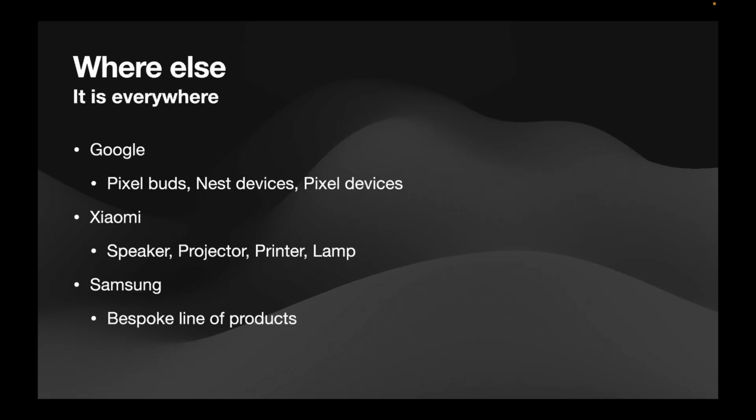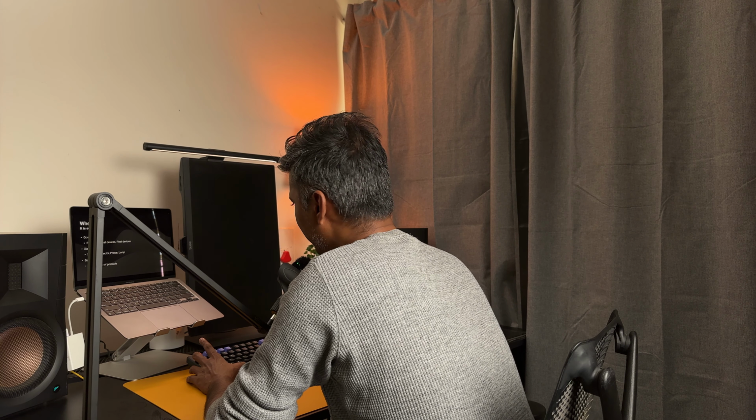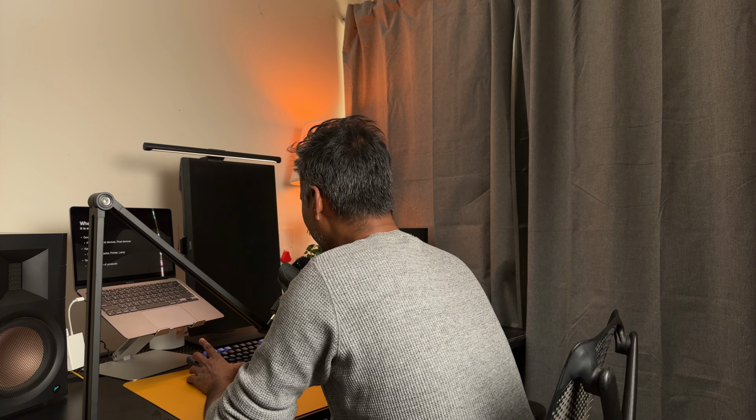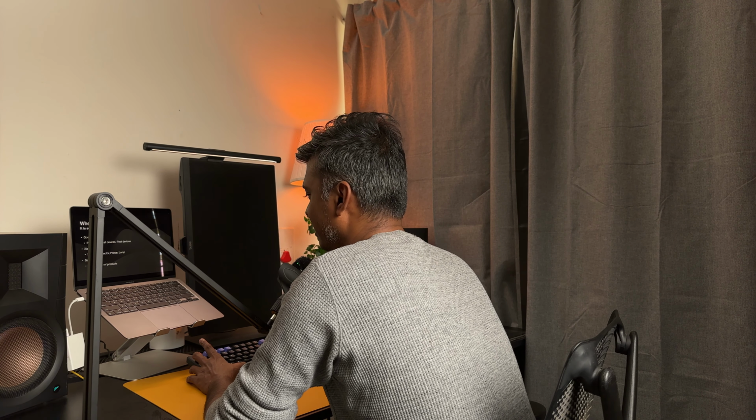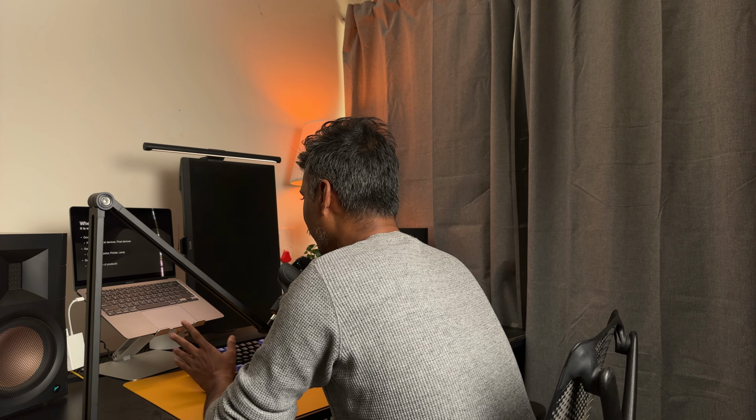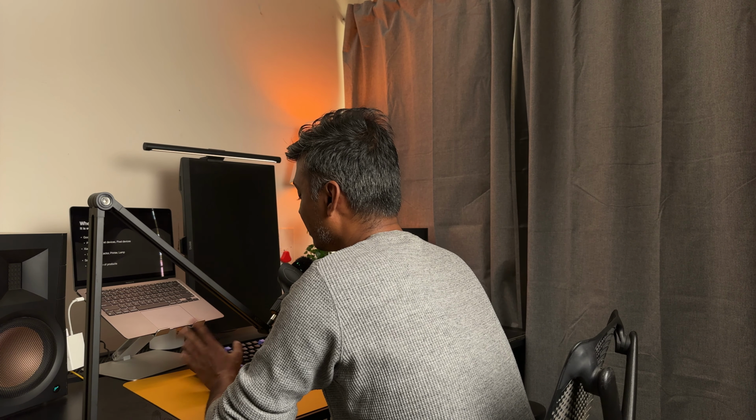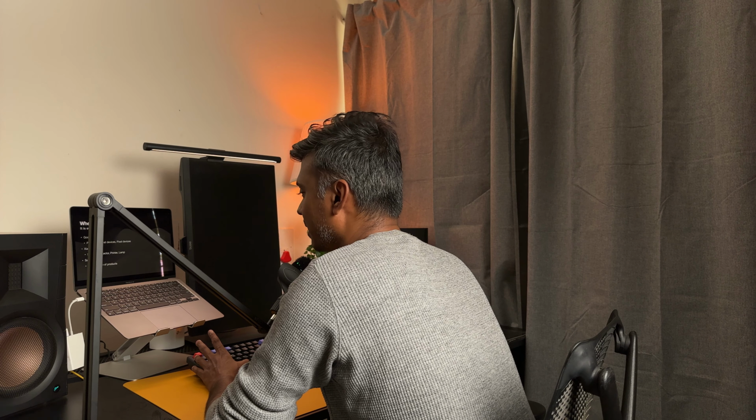And Samsung, like I mentioned, their Bespoke line of products is designed by the CMF team. I also think the Flip 3 had a Bespoke line with a very subtle color, very similar to the fridge in the home appliance segment that I showed you earlier.